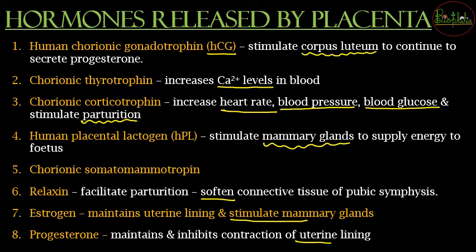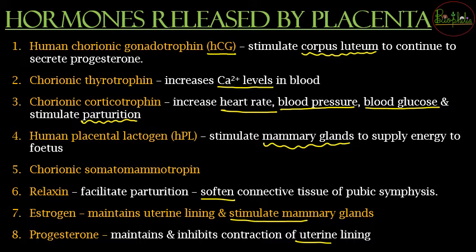So there are cases wherein some females do not have sufficient progesterone secreting during the time of their gestation. So in those conditions you must have heard that the female gets progesterone injections. Those synthetic progesterones are supplied externally with the consent of the doctor so that the contractions of the uterine lining do not initiate before the expected time.